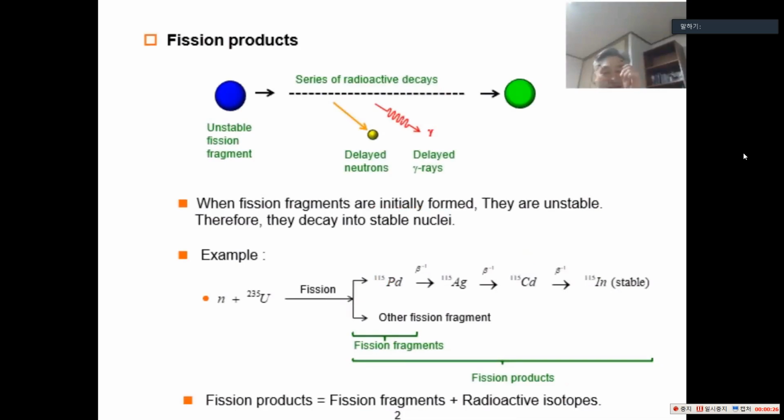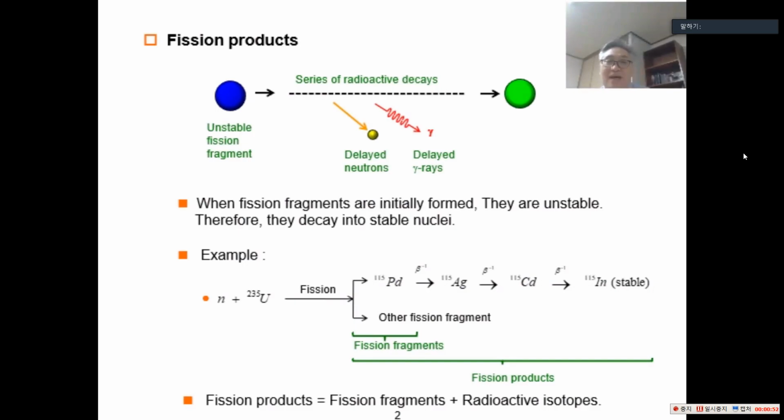Now, this is fission. So when uranium-235 captures a neutron, it temporarily becomes uranium-236. That is unstable, so it undergoes fission spontaneously.